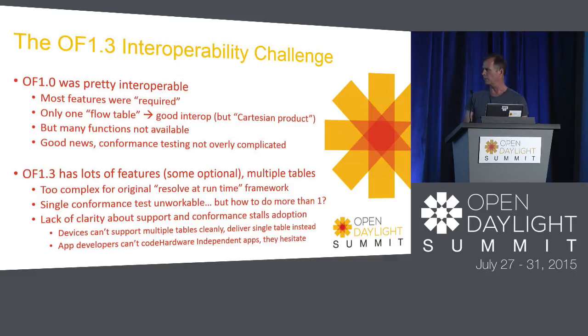Life was quite simple, although it was also very constrained. The simplicity was also a constraint. The downside was, of course, that a lot of functions were not supported, but on the upside, conformance testing was not super complicated, so they were able to develop conformance testing and conformance test a bunch of devices.